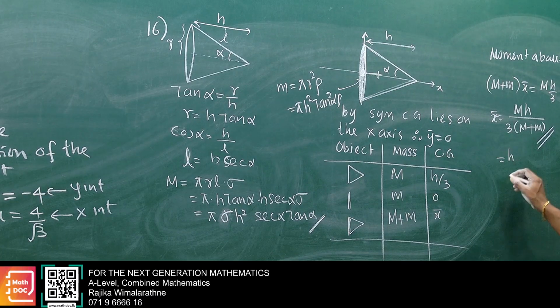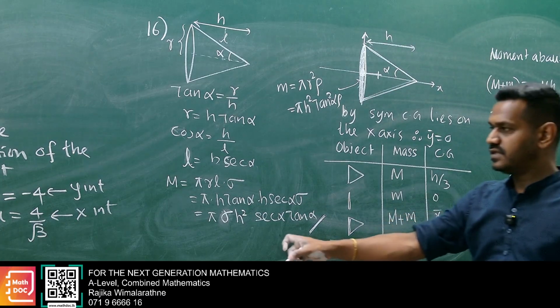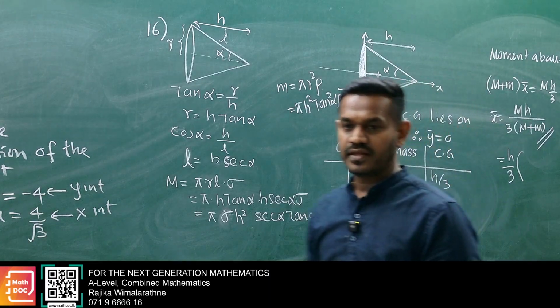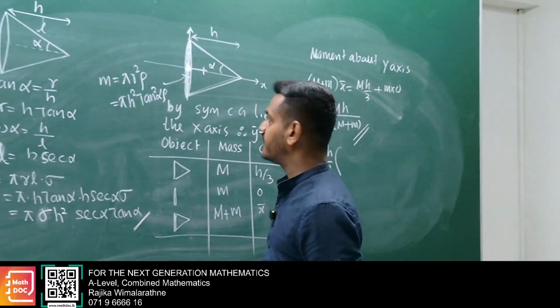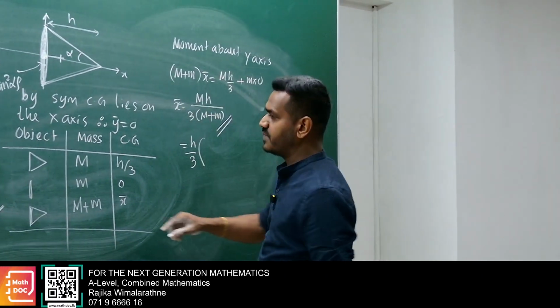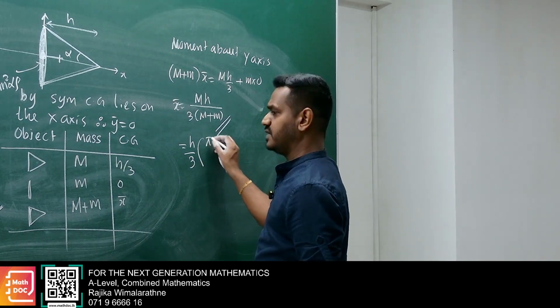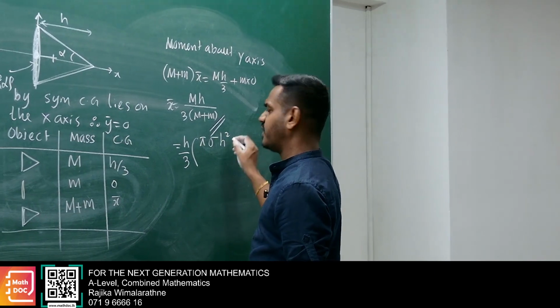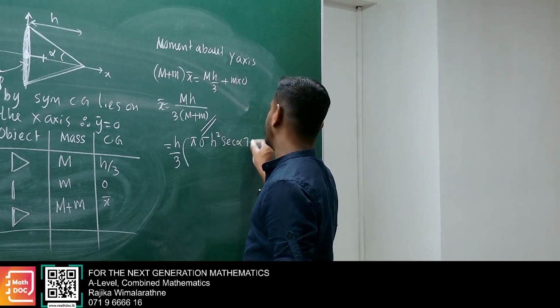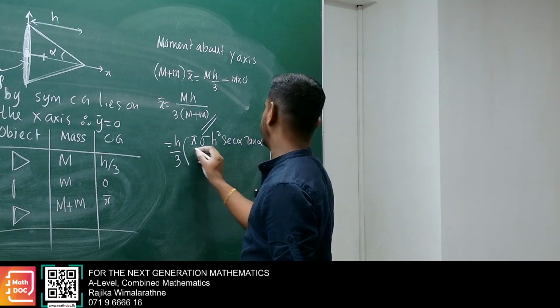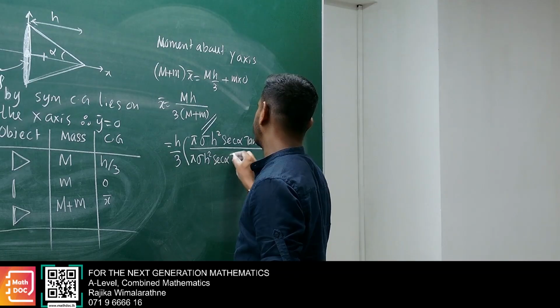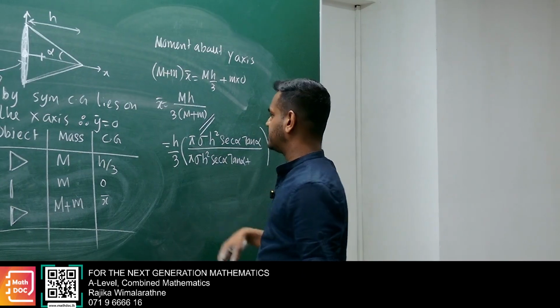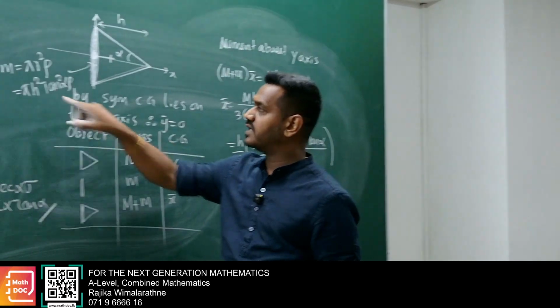Then take h over 3 outside, capital M, you take this. Okay, continue. Capital M is pi rho h squared sec alpha tan alpha, over pi rho h squared sec alpha tan alpha plus simple m, pi h squared tan squared alpha rho.